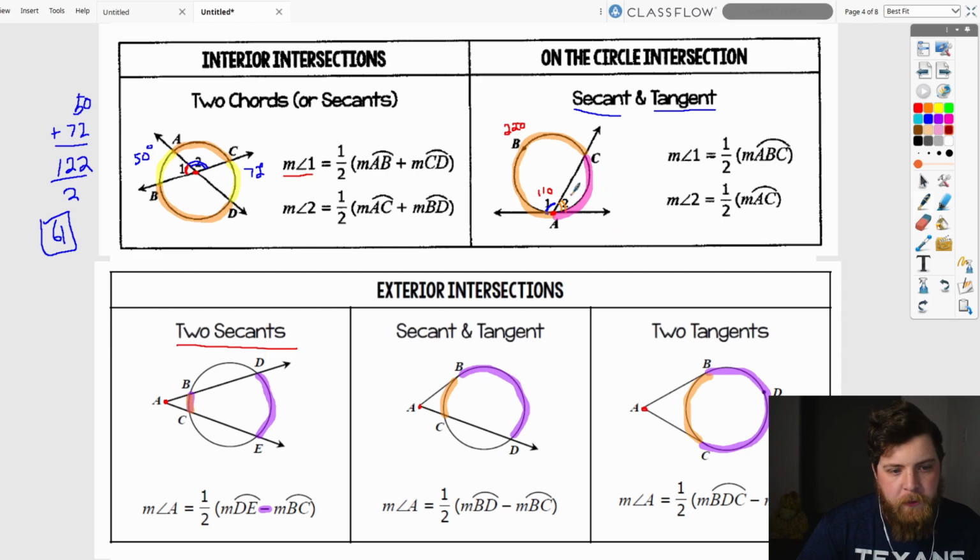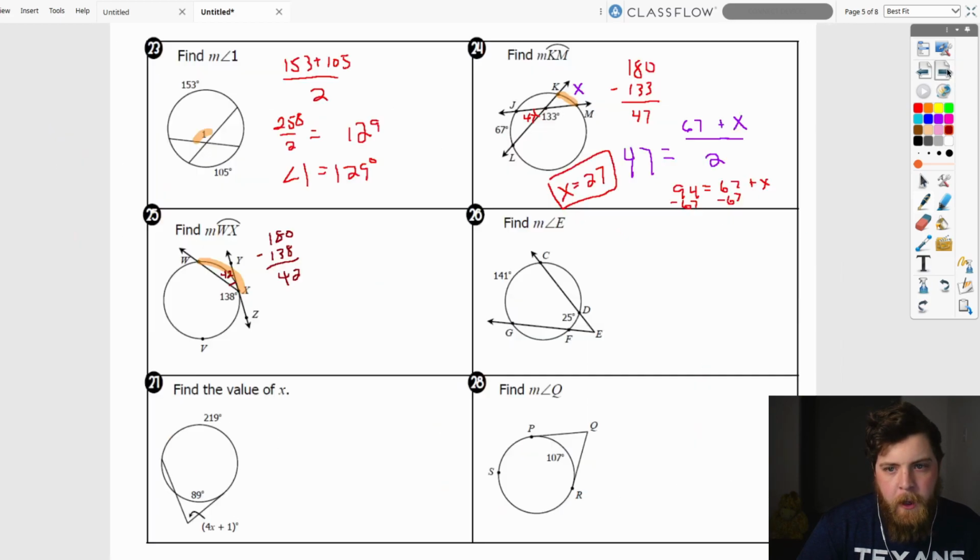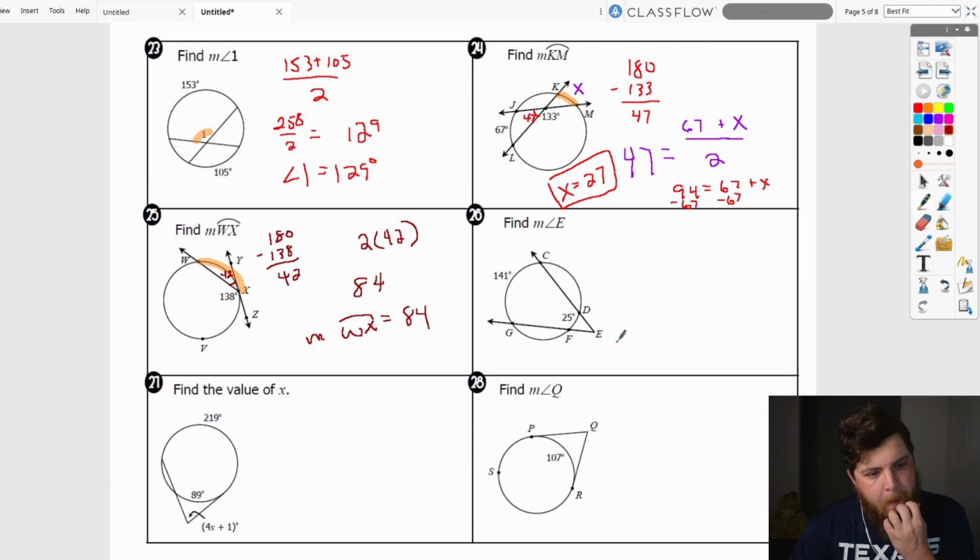Same thing over here, if this was 40, this would be 80. So if I know this is 42, then the measure is going to be 2 times 42, which ends up being 84. So the measure of arc WX ends up being 84.